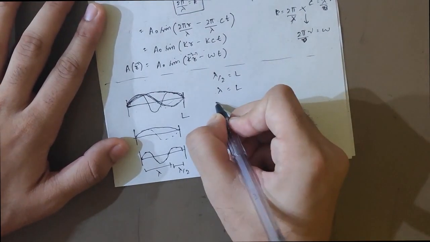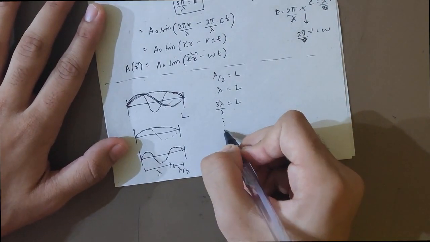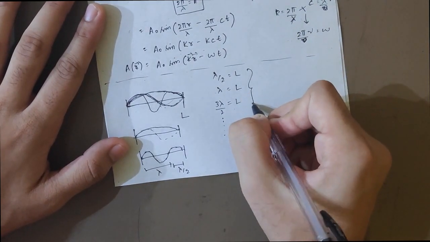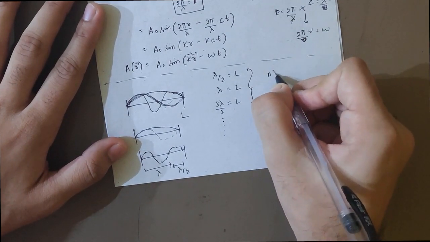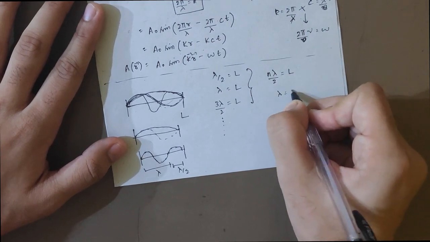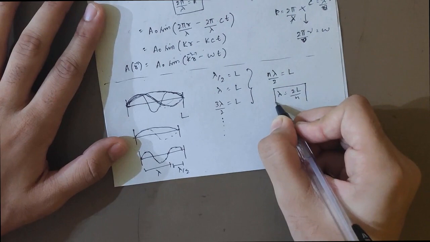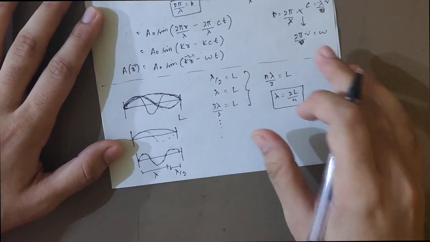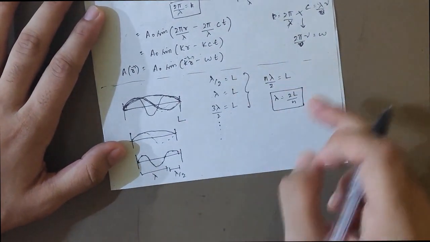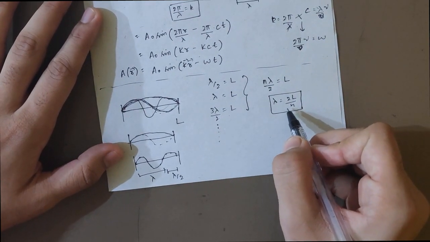So this adds up to 3 lambda by 2 equals L. Similarly, if we keep going on, you find the general trend that n lambda by 2 equals L, or lambda equals 2L by n. You find that for no loss of energy, for the wave to continuously move back and forth, its wavelength is quantized.